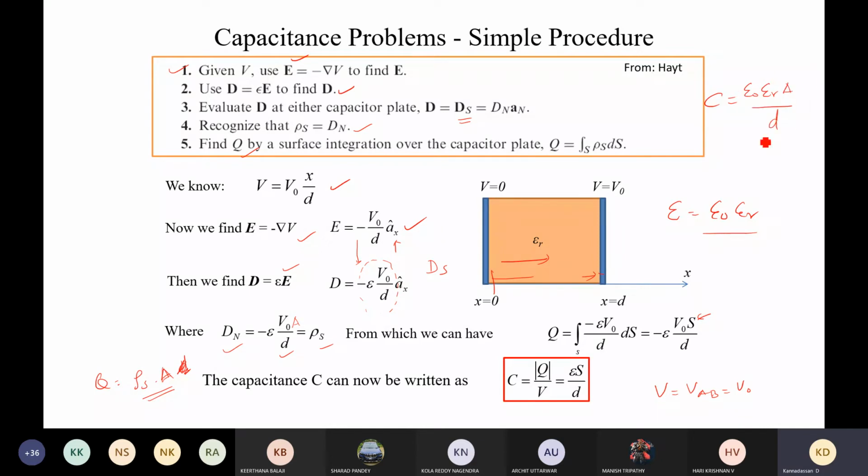And here you can see that there is no expression about the potential or electric field, nothing else is there. Indirectly, it means that a parallel plate, theoretically, is supposed to have a constant capacitance for the applied voltage. If this is capacitance, then it's supposed to be a straight line.